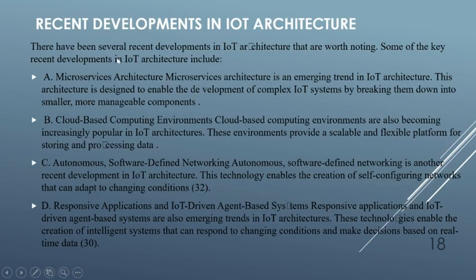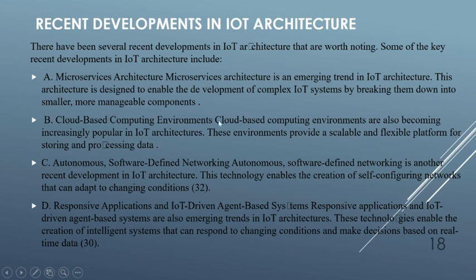Recent developments in IoT architecture. There have been several recent developments in IoT architecture that are worth noting. Microservices architecture is an emerging trend in IoT architecture. It enables the development of complex IoT systems by breaking them into smaller, more manageable components.